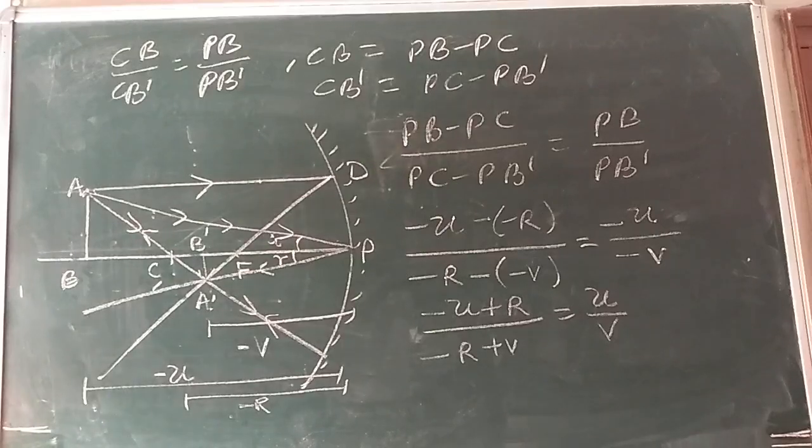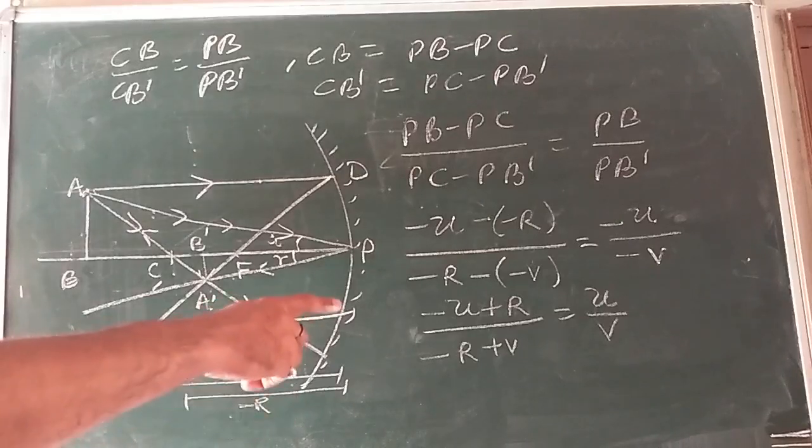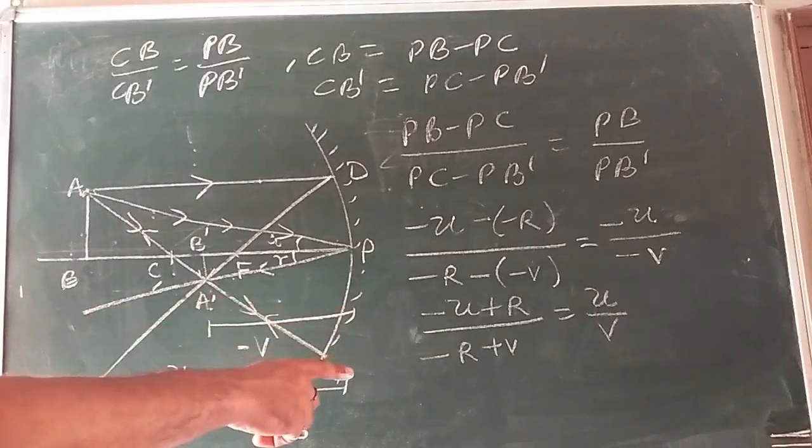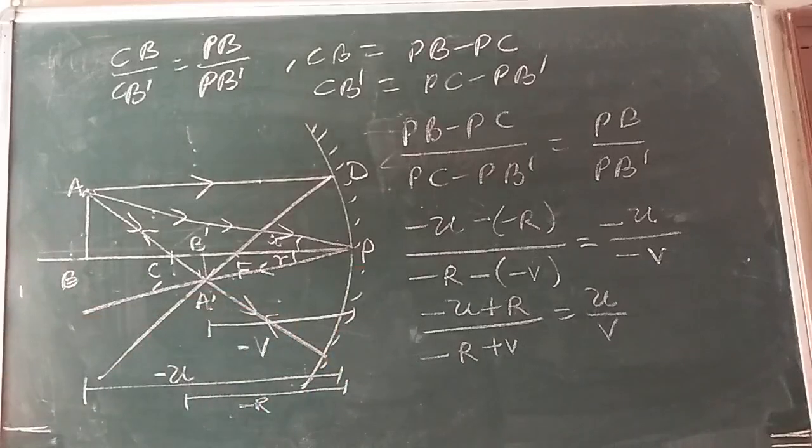Then cross multiply it. Minus u plus r divided by minus r plus v is equal to u by v.